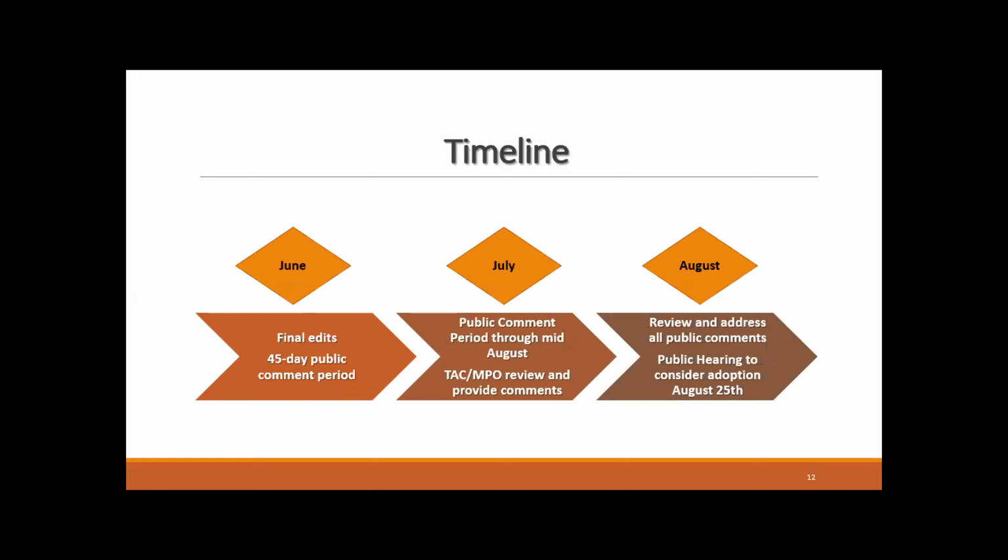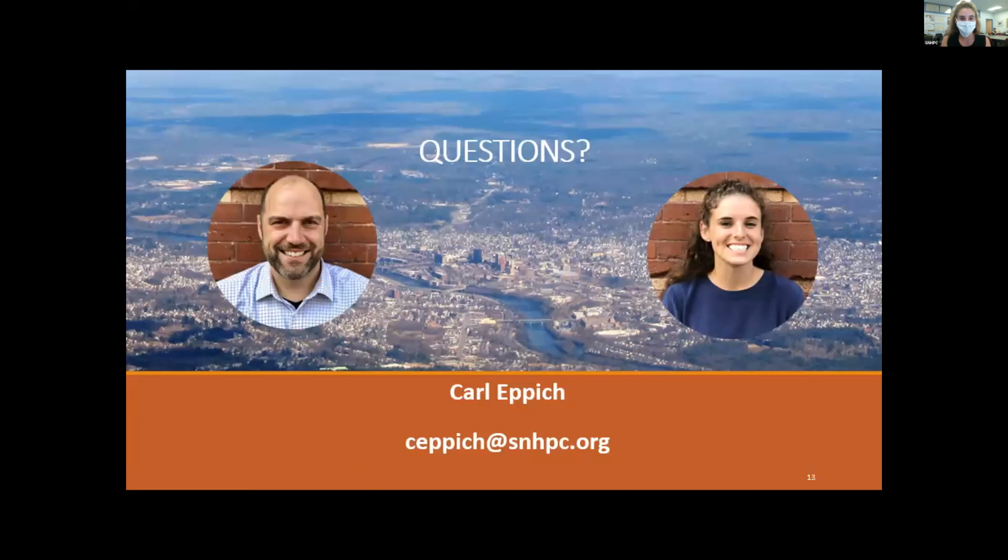Then in August, we will review and address all of those comments, and we are hoping to have a public hearing to consider adoption August 25th. So if you have any questions for myself or Carl, feel free to ask them now or email Carl at the address below.